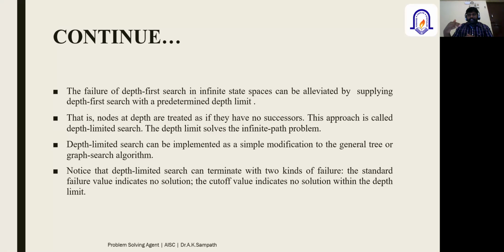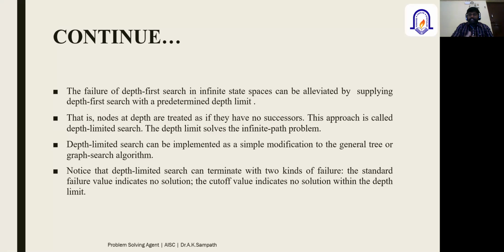Within this depth only, the searching process will take place. This technique automatically avoids the infinite looping state. This is the intention behind depth limited search.